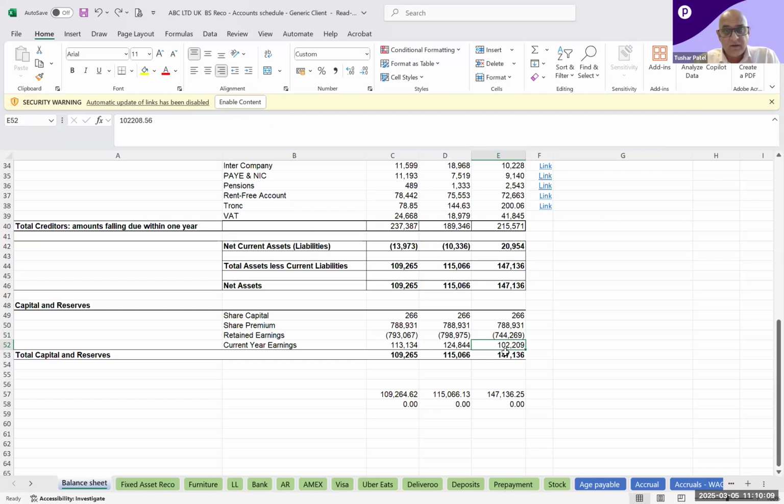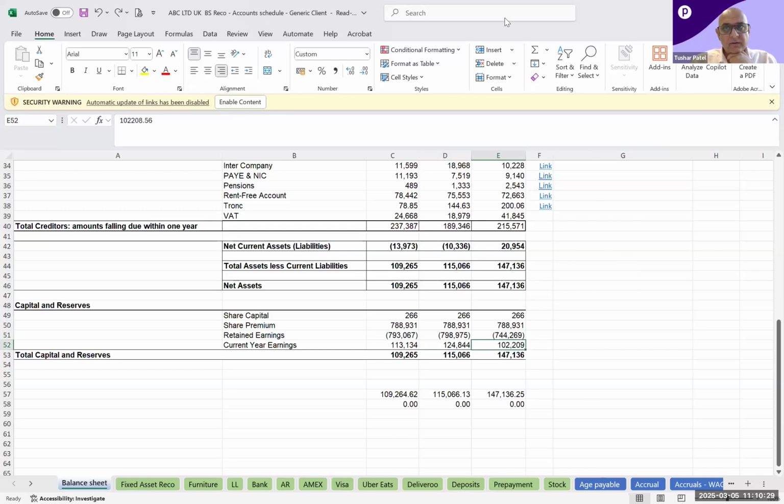You then got current year earnings, and the current year earnings are month on month and depend on what they are. So those two sections basically make up the last two sections of the equity section.